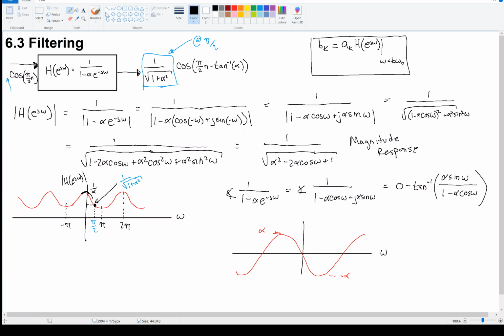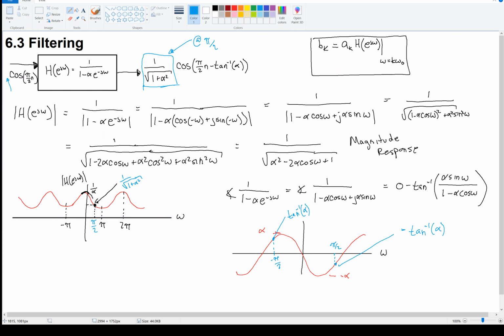And it happens that when you plug in pi over 2, you get a height here of minus the inverse tangent of alpha. And when you plug in minus pi over 2, you get the inverse tangent of alpha.